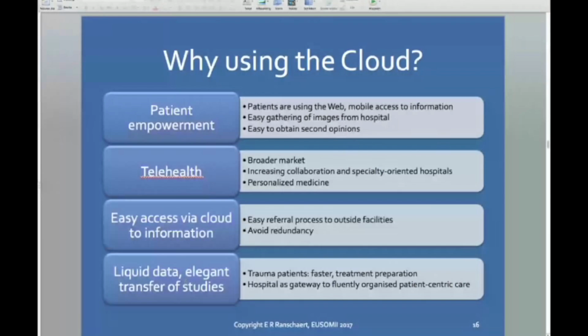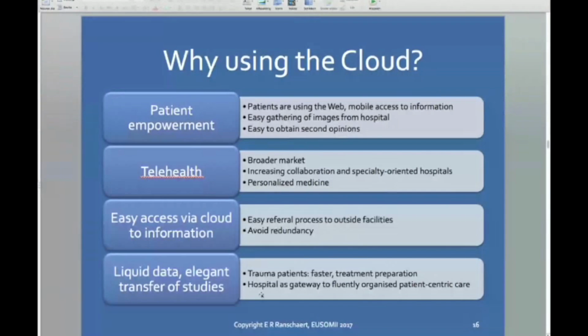And this has advantages, for example, for trauma patients, or we're talking about patients with cerebral infarct. These patients sometimes have to be transferred to another location for treatment, for embolectomy, for example, thrombectomy. So when we share this information, the preparations can be made in advance before the patient is there, or the right specialist can be contacted timely.